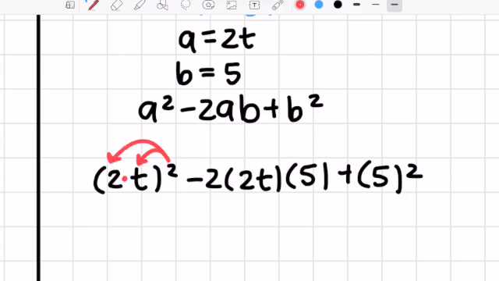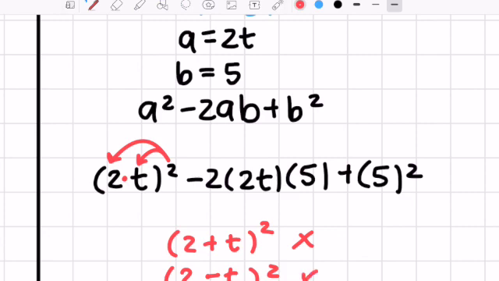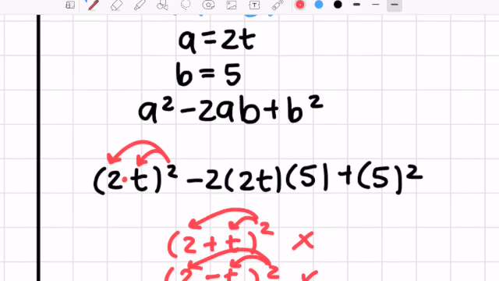The only time you cannot distribute an exponent to anything inside the parentheses is if, for example, there was an addition sign in there or a subtraction sign. In these cases, you cannot distribute the 2 to both the terms. But whenever you do have multiplication, that's fine.